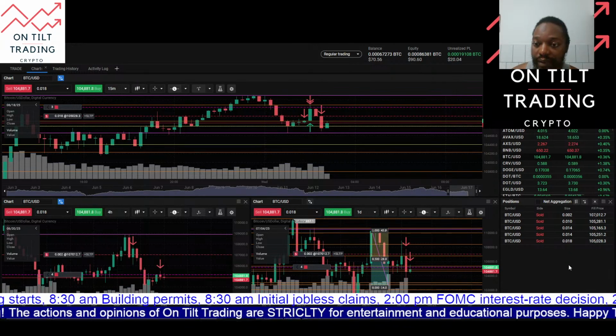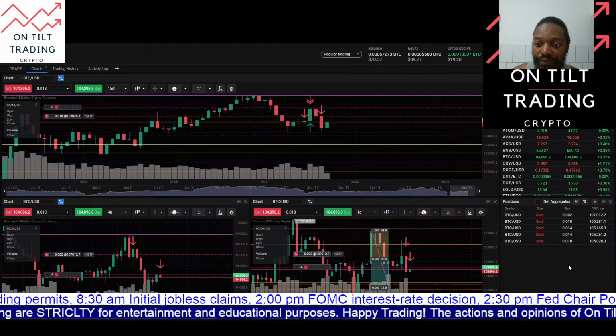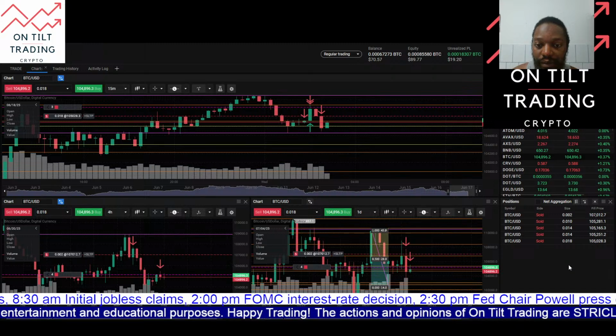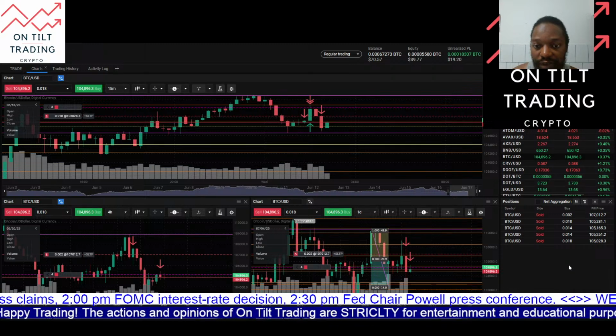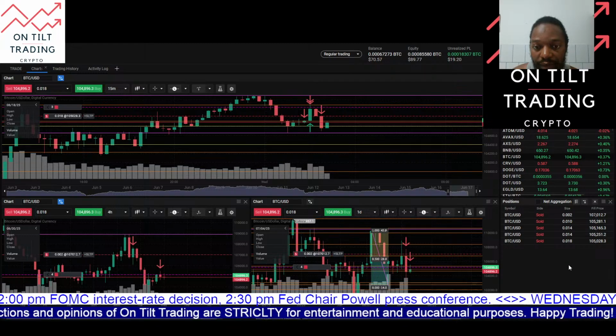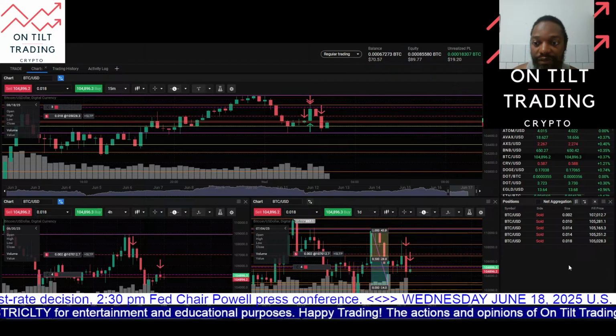Price is still consolidating here under the 105,900 level, and potentially back for a retest of the 104,900 level, the reaction level.